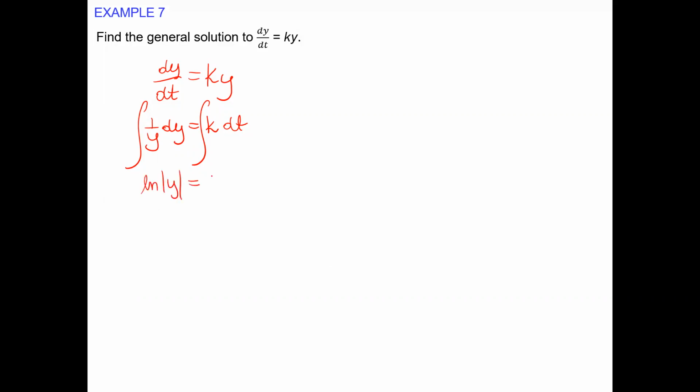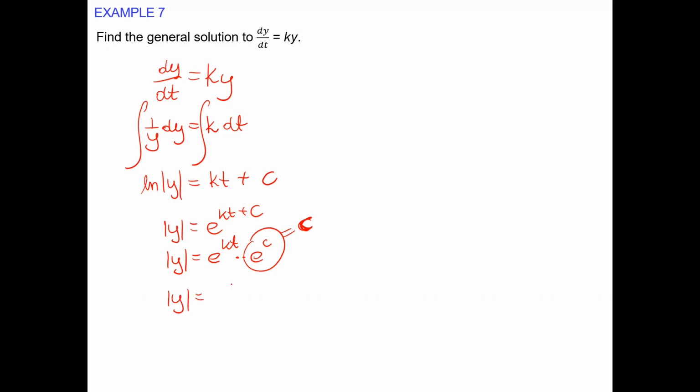The integral of k dt is just kt plus the constant. And now y equals e to the power of kt plus the constant. We will use the property like we used before, e to the power of c. Of course, that is another constant. Then y is e to the power of kt times that constant.